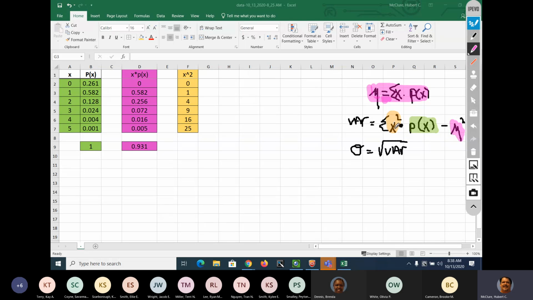Okay, so we got to do x squared times p of x. So I'm going to spread this out a little bit right here, and I'm going to do x squared times p of x. So somebody tell me what the first one would be. Well, that would be 0 times what?